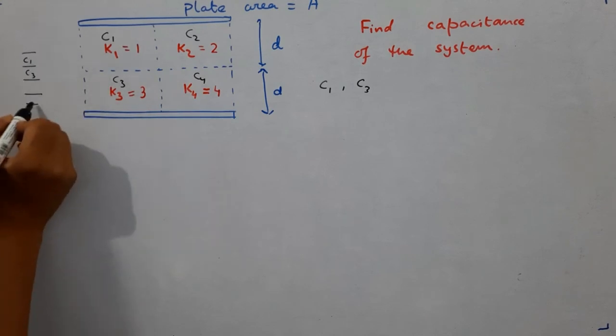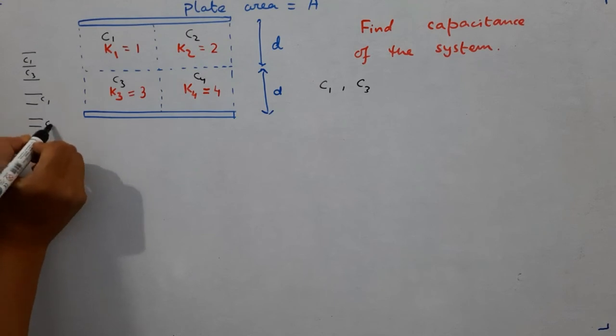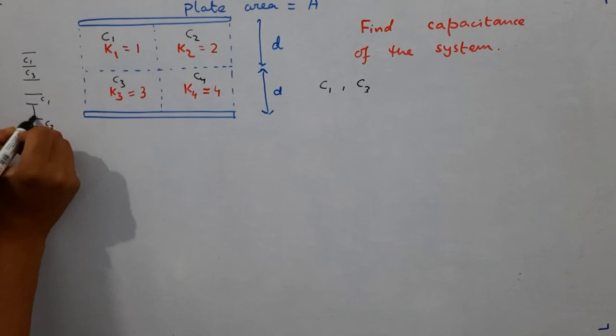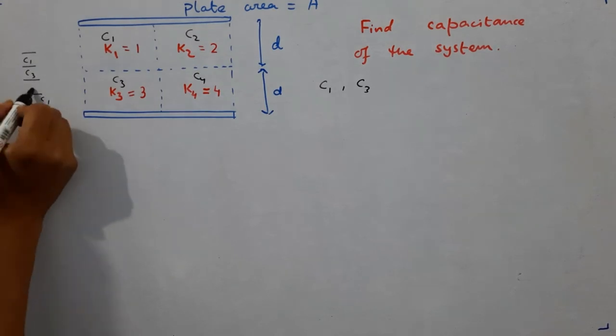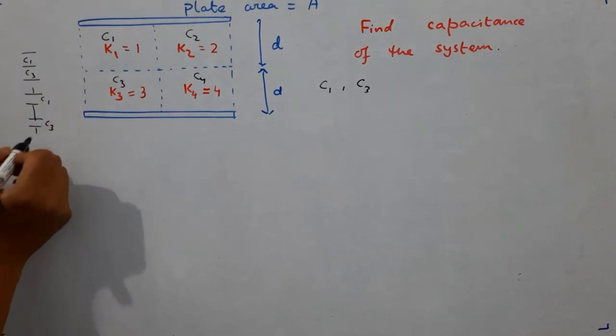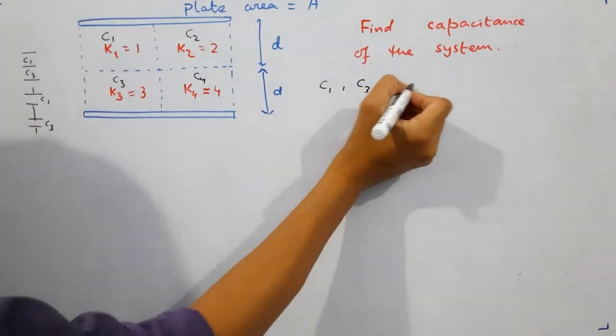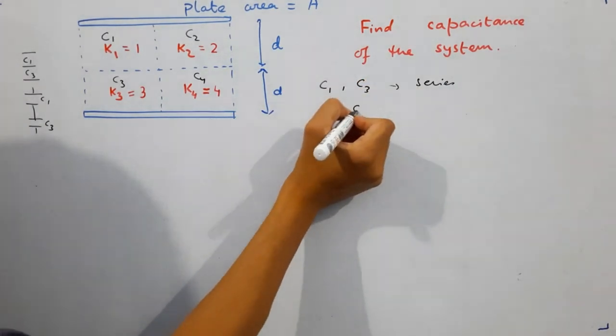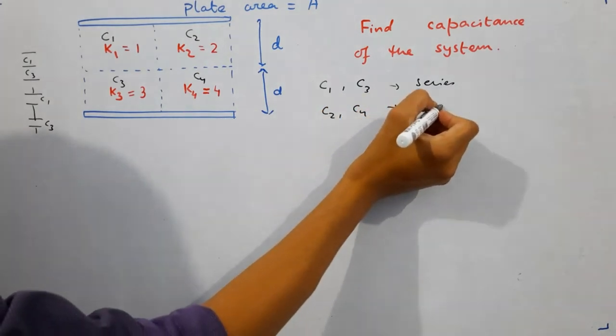If I segregate them, this plate is common, this region is common, so I'll connect them. So what kind of combination is this? This is series combination. So C1 and C3 are in series. Likewise C2 and C4, they are also in series.